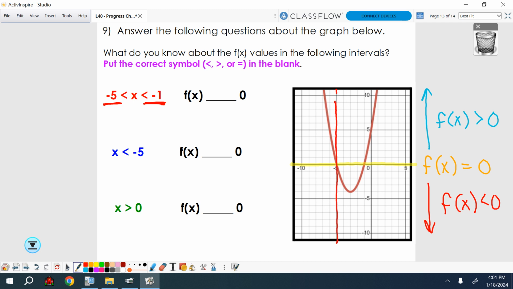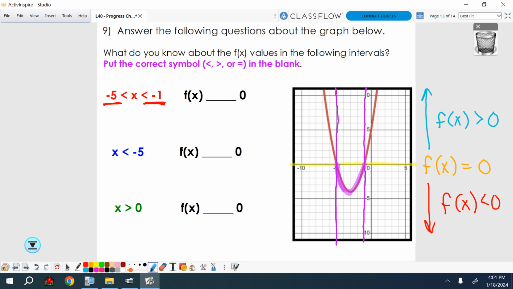I'm actually going to pick a different color. We'll do it here. -5 is right there. -1 is right here. What this is saying is in between this section is this parabola, which is right here, greater than 0, less than 0, or equal to 0.